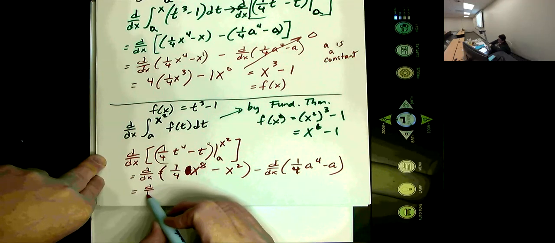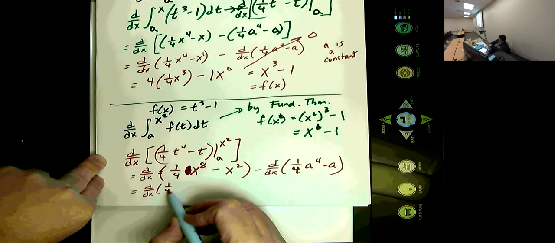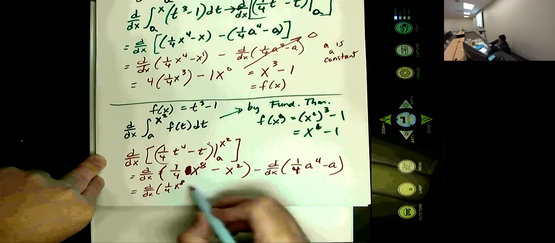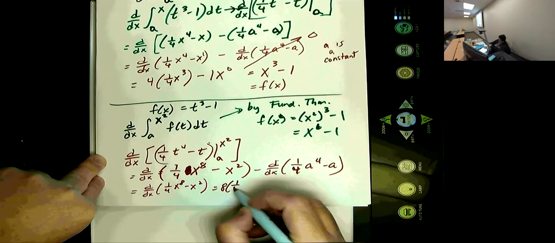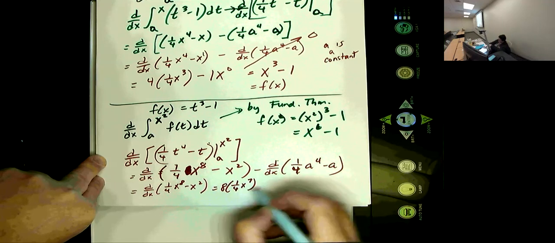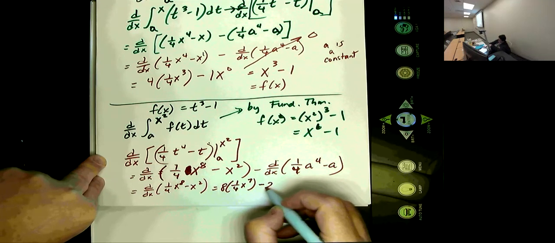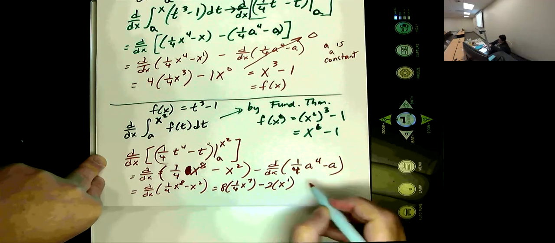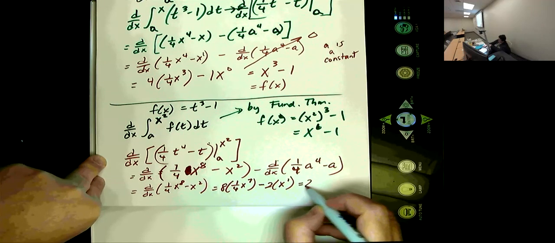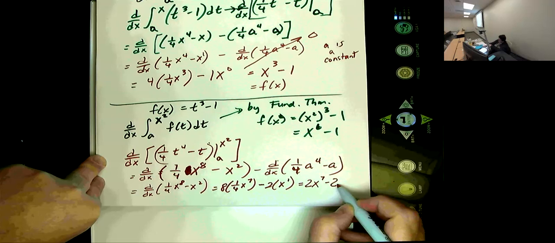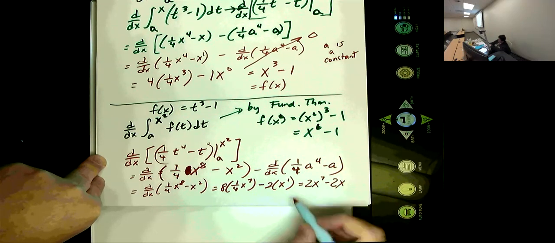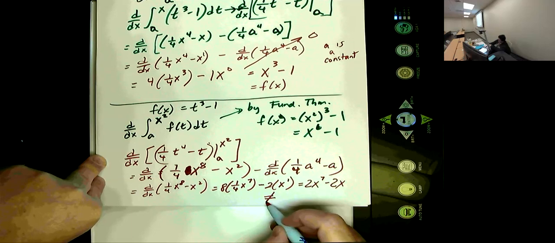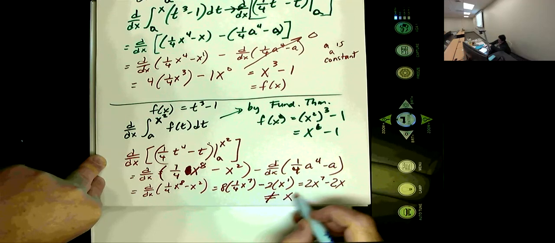We end up with d/dx of 1/4 x to the 8th minus x squared, which is 8 times 1/4 x to the 7th minus 2 times x to the 1st, which is 2x to the 7th minus 2x, which is most definitely not x to the 6th minus 1.